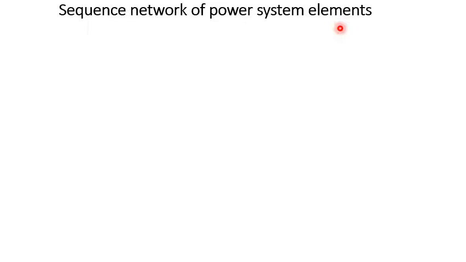Power system elements like generators, transformers and transmission lines are generally symmetrical in nature. Whenever a fault occurs in a power system, the system becomes unbalanced. However, by using symmetrical components, each element can be represented by three distinct balanced decoupled networks on a single phase basis. Let us understand one by one.